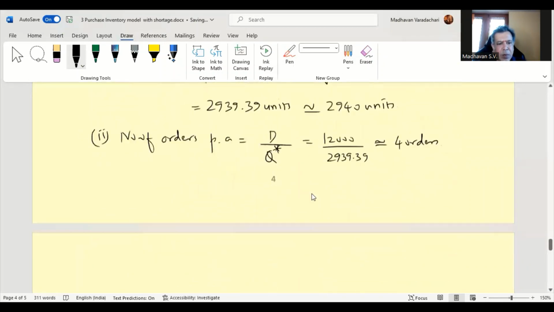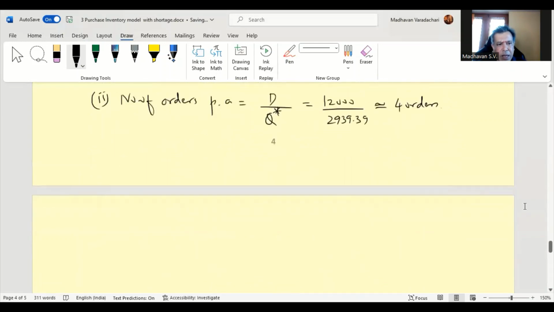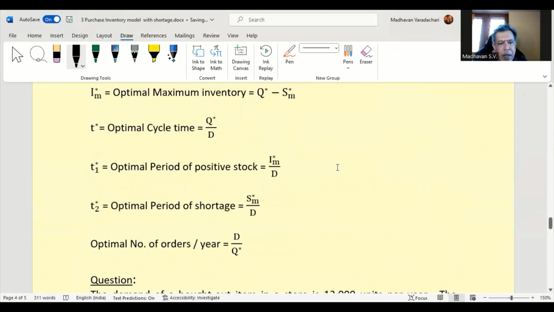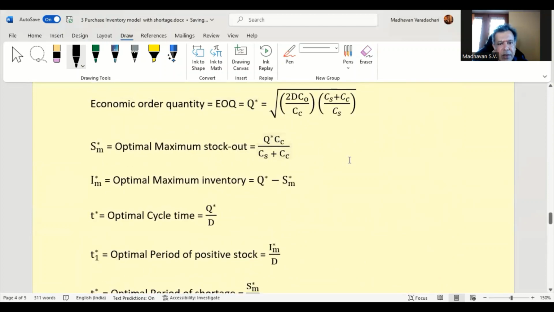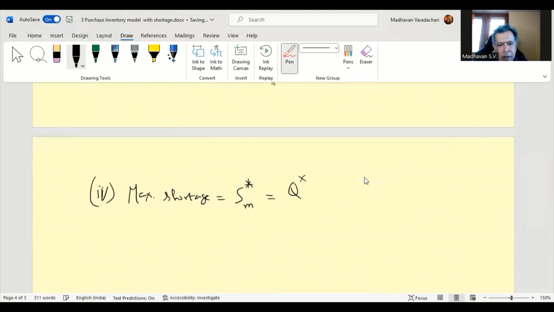Third question is maximum inventory. Before calculating maximum inventory, we'll calculate maximum shortage, which is S suffix M star. Let us see the formula we derived: Q star times CC divided by CS plus CC.